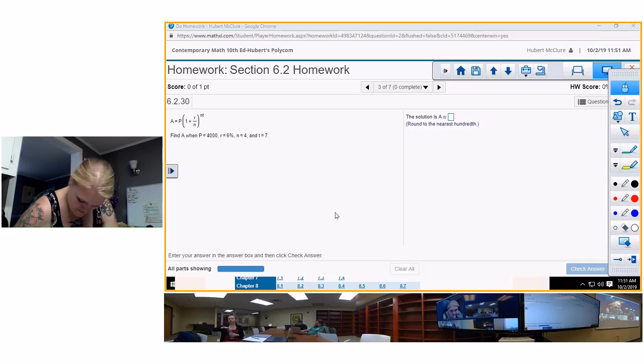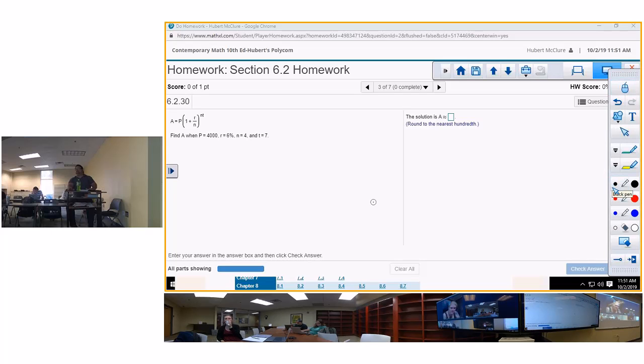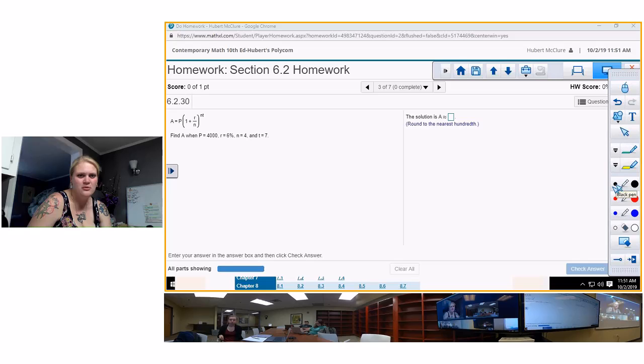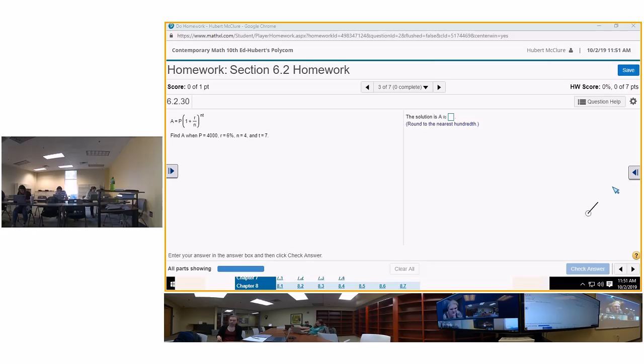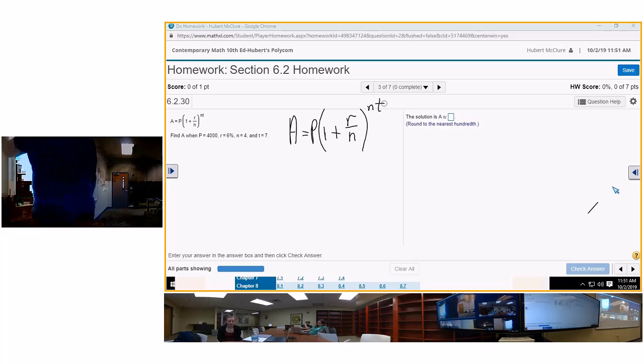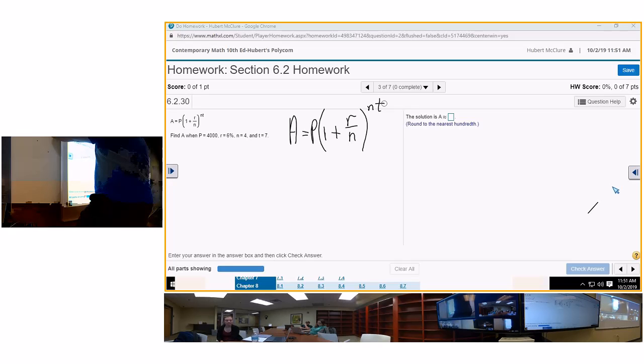So A, and I want to show you how to use your calculator here. Hubert, you want to make that bigger for us blind impaired people? I can't because I've got it full screen, so I'm going to rewrite it. A is equal to P times (1 plus R over N) to the NT power. So, what is A?